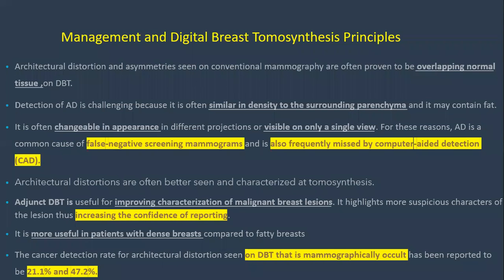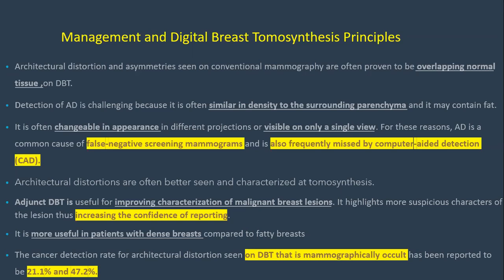Architectural distortions are often better seen and characterized definitively at tomosynthesis. So using adjunct tomosynthesis is useful for improving characterization of malignant versus benign lesions regarding architectural distortions, and it can highlight more suspicious lesions as in the previous examples.